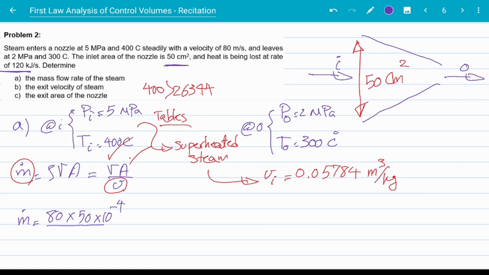Remember, we need to keep the units consistent. Over the specific volume, which we read from the tables, 0.05784. Do the math, and you get that the mass flow rate is 6.915 kilograms per second.